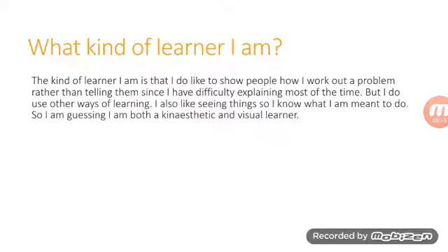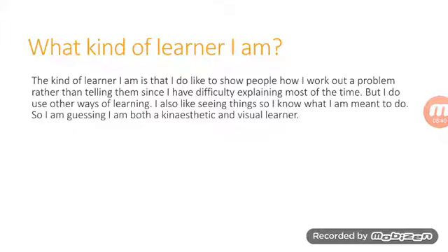What kind of learner am I? So the type of learning I use is showing, because I like to show people how I work at the problem rather than telling them, since I have difficulty explaining most of the time, which is part of my condition because I have autism, and most autistic people don't know how to explain things properly.